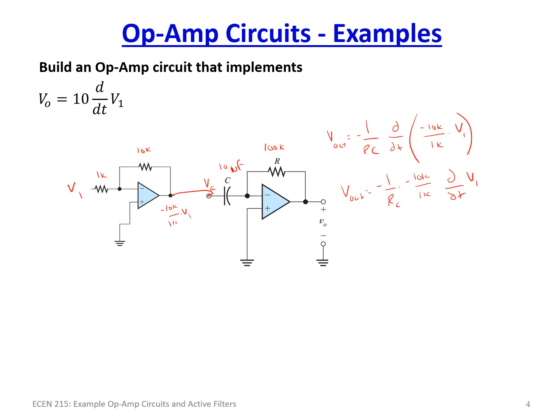And since we chose RC to be equal to 1, we end up with V out equal to minus 1 times minus 10 d dt V1, which in the end is just simply 10 d dt V1 of t, which is our goal.